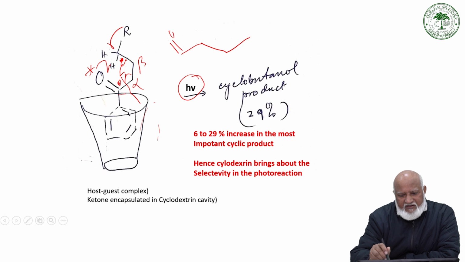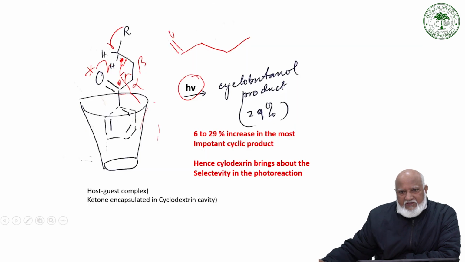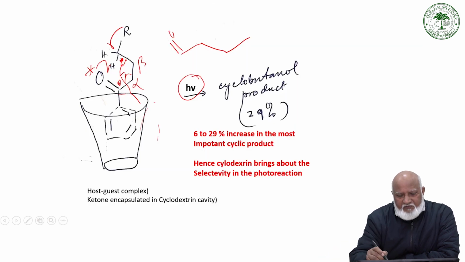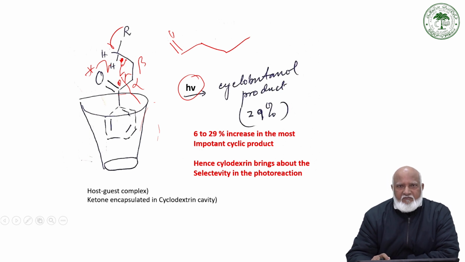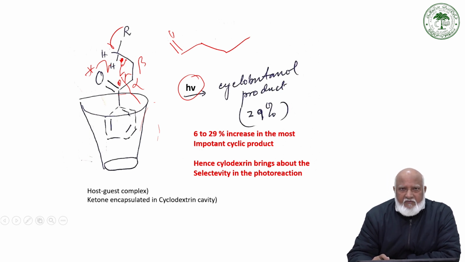So by doing this, it is possible to increase the yield of the product from 6% to 29%. It is a really great achievement in bringing out selectivity in the most wanted, most useful cyclobutanol product, which is very difficult to form because it is a highly strained system.